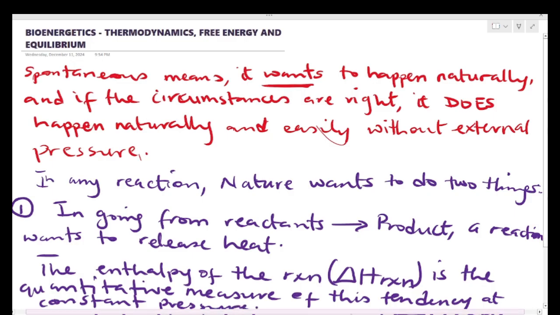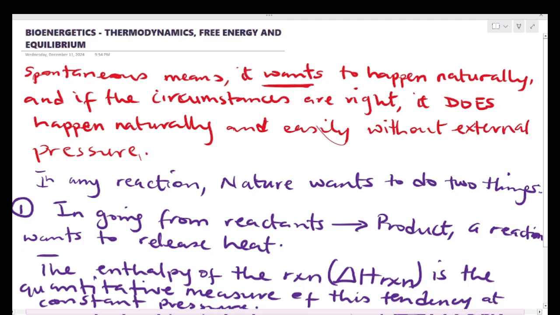So enthalpy, which is delta H, is actually the quantitative measure of the release or the gain of heat in a reaction.